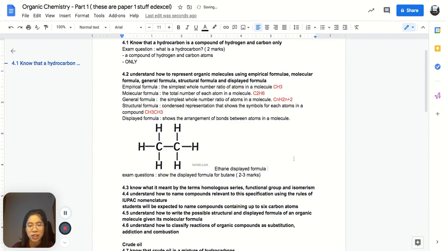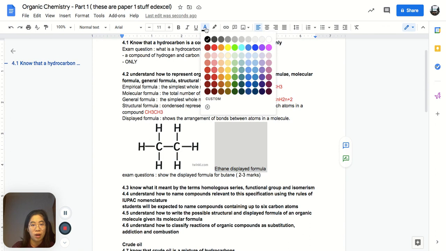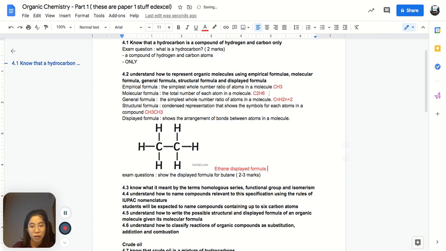And if you realize, I actually use ethane for every single one of the examples. This is ethane molecular formula. This is ethane structural formula, and this is displayed formula for ethane.